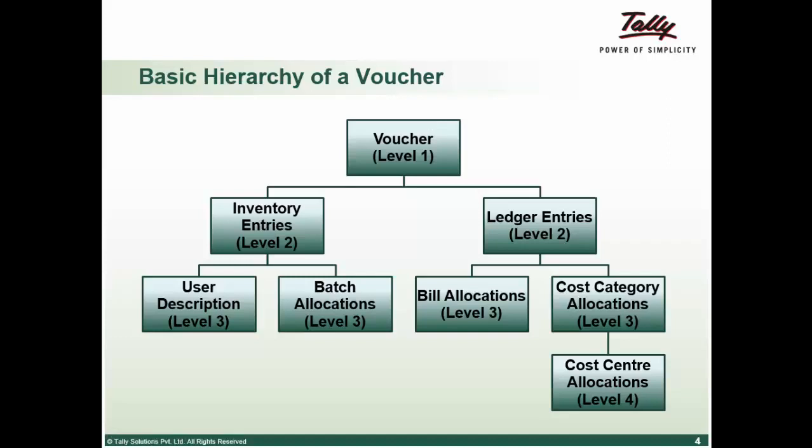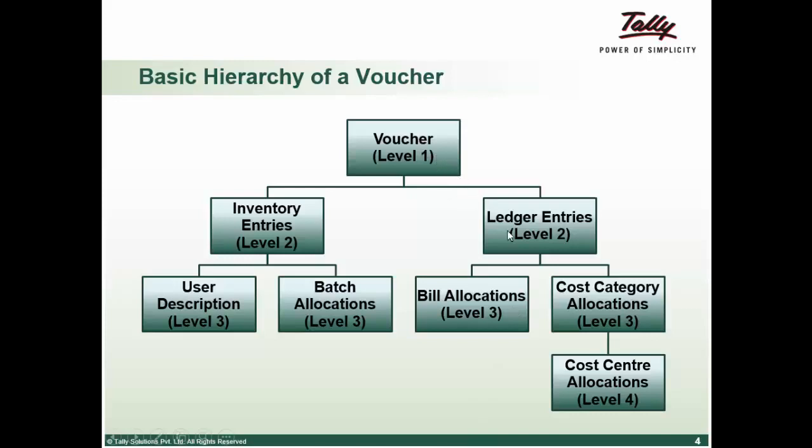So voucher object is a primary object which has a sub-collection inventory entries, which is a group of object inventory entry, singular, which contains some methods and object batch allocations. So batch allocations is also a sub-collection, and this batch allocations further contains object, sub-object, and that sub-object contains method.